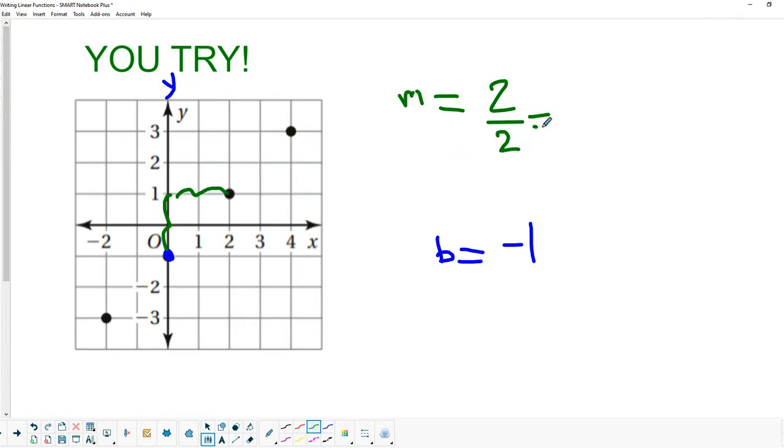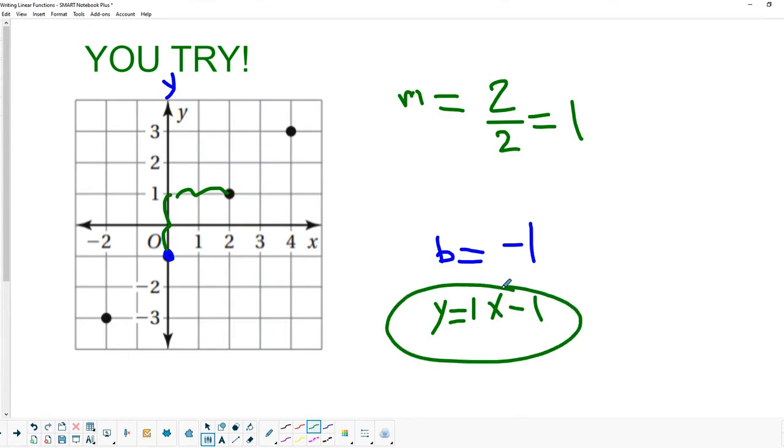So that simplifies to be 1. Write our equation. y equals 1x minus 1. And we could even drop that first 1 and just call this y equals x minus 1. So we start at -1 and go up 1 over 1, up 1 over 1, a slope of 1.